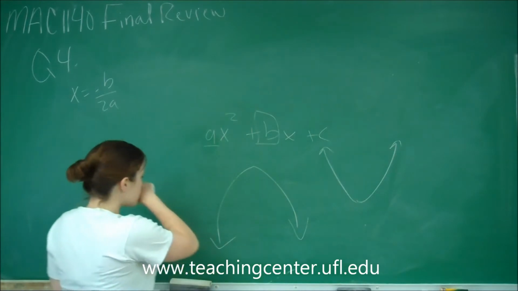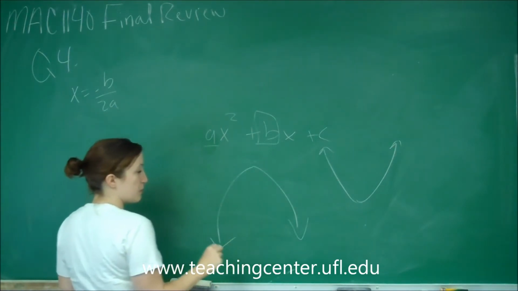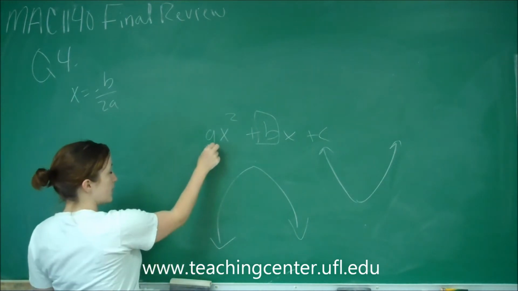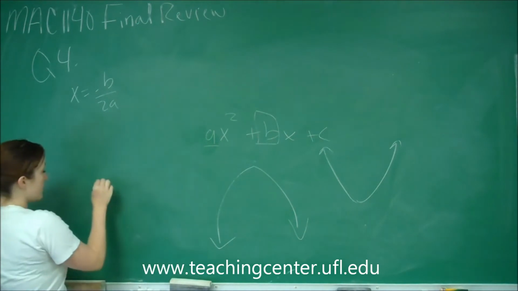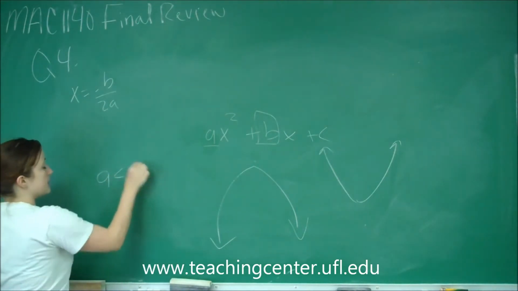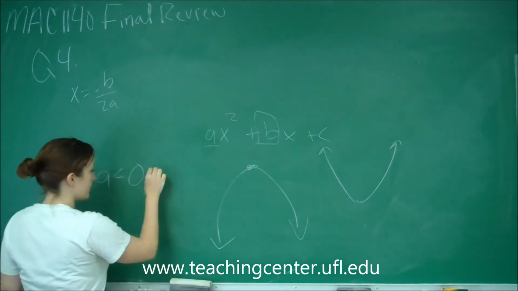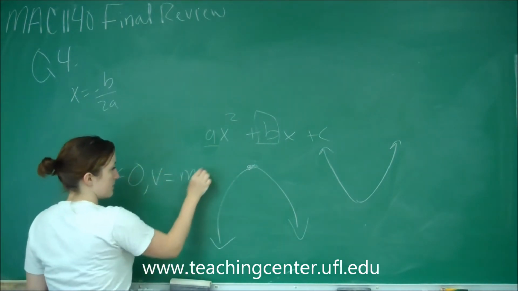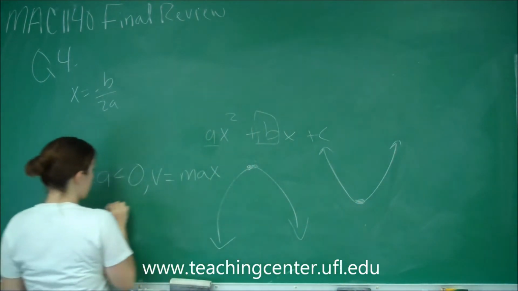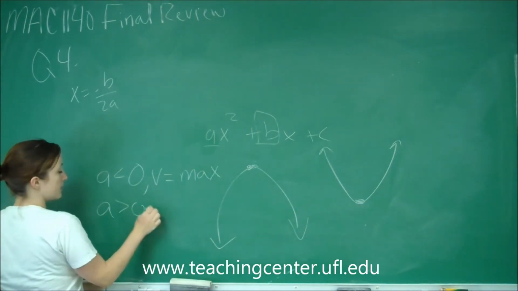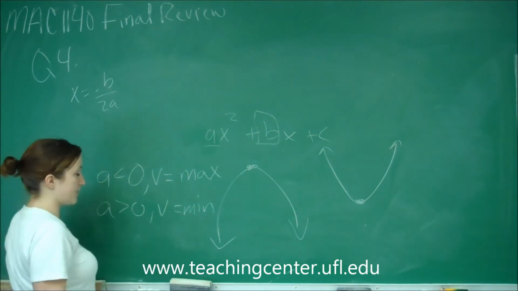This version of the parabola, when it's pointing down, means we have a leading coefficient a that's negative. And so if a is less than 0, then our vertex is a maximum. Likewise, if a is greater than 0, then our vertex is a minimum. So that's how they're related.